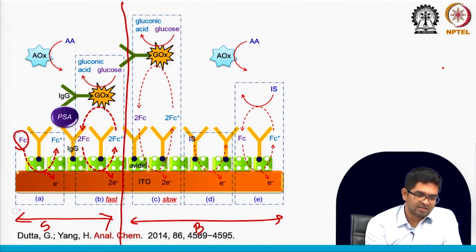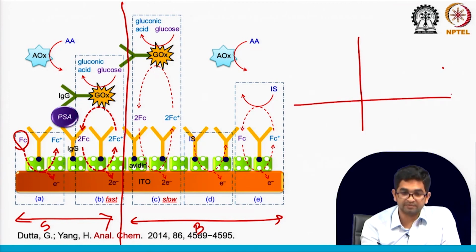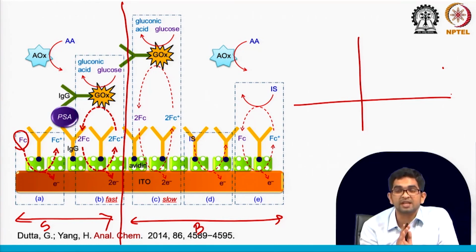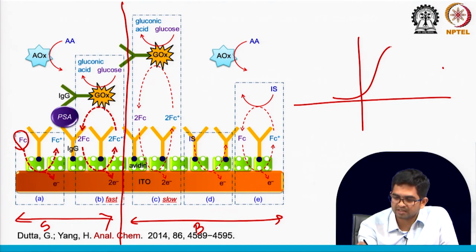The optimizations I am teaching you today start with this very important technique, cyclic voltammetry. First you have to run a cyclic voltammetry of the chemicals you are using. Suppose here I am using ferrocene as the mediator, so let's check a cyclic voltammetry of ferrocene.